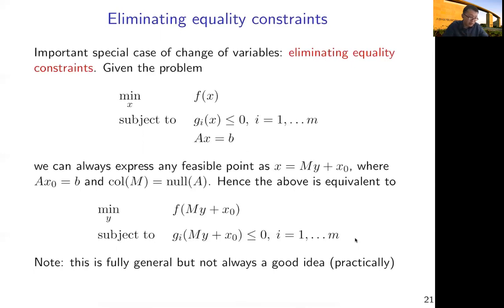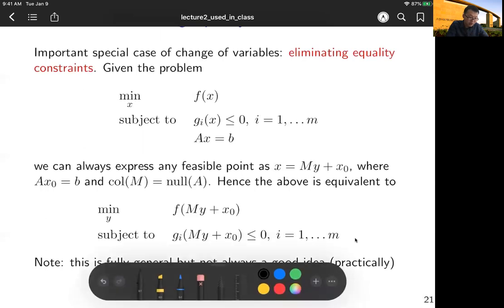Okay, so we can eliminate the equality constraints. If it is feasible, then we've already seen that you can always represent the solution in this form: a particular solution, A pseudo-inverse times b, plus something in the null space, where this is a particular basis of the null space of A. By doing this, we can convert any feasible solution into something of this form, and then by replacing x with a different variable in a lower dimensional space, we can convert the previous problem into a convex optimization problem without the equality constraints.